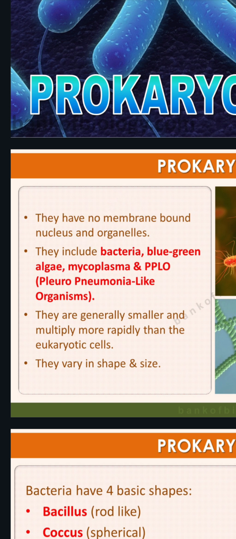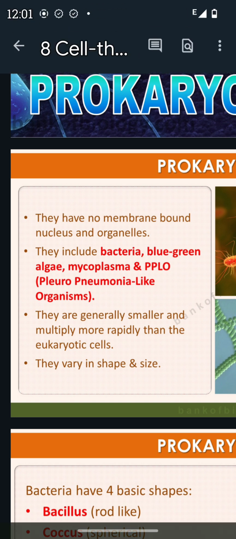Let's compare a cell to a living organism. We human beings have different organs like the stomach, heart, brain, and many more. These sensitive organs are protected by skeletal structures. For example, the heart is protected by the ribs, and our brain is protected by the skull.